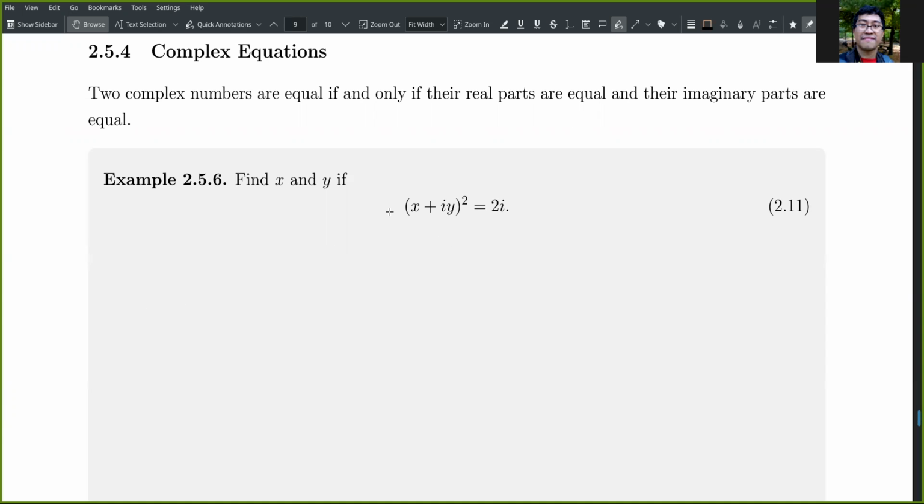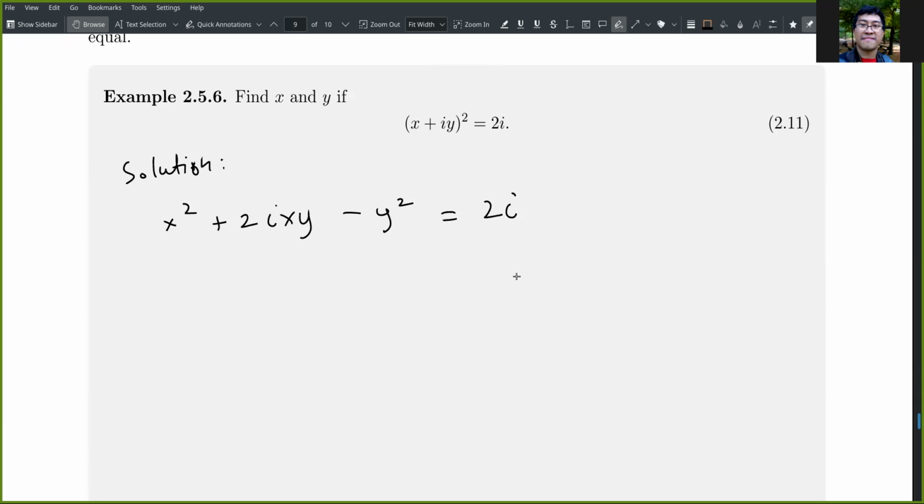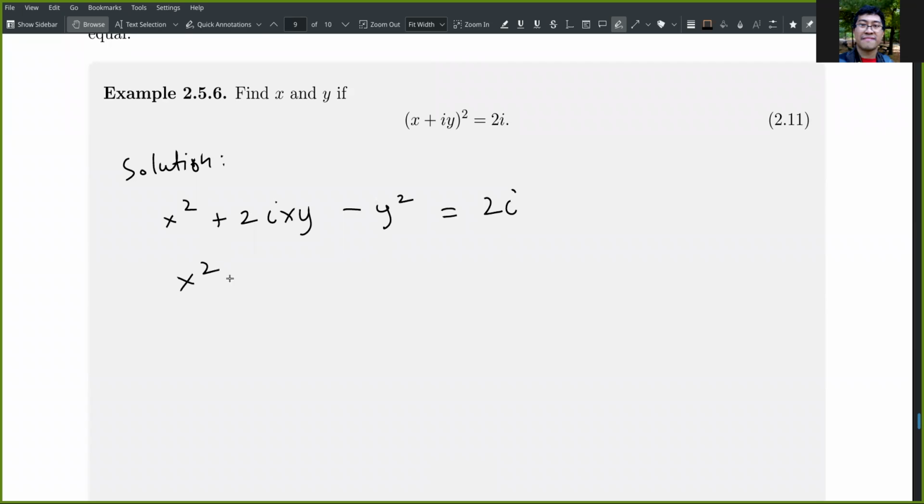What we mean by that is, if you have this problem, we can expand this term. So it's x squared plus 2ixy plus i squared y squared, which is minus y squared, equals 2i. Or rewriting, we get x squared minus y squared plus 2ixy equals 2i.